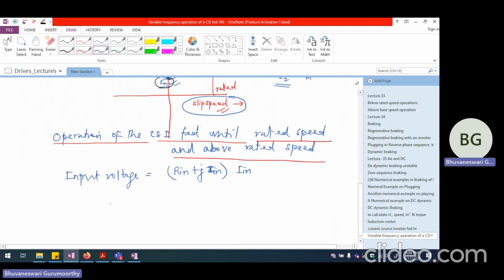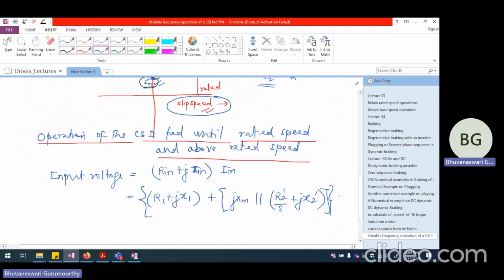As per the equivalent circuit of the induction motor, we should write this as R1 plus jX1 plus jXm in parallel with R2 dash divided by S plus jX2 dash. This is the total impedance of the induction motor, and this has to be multiplied by I in ultimately to get the total voltage.